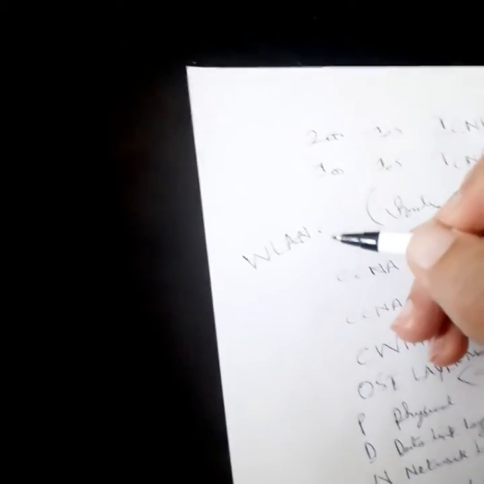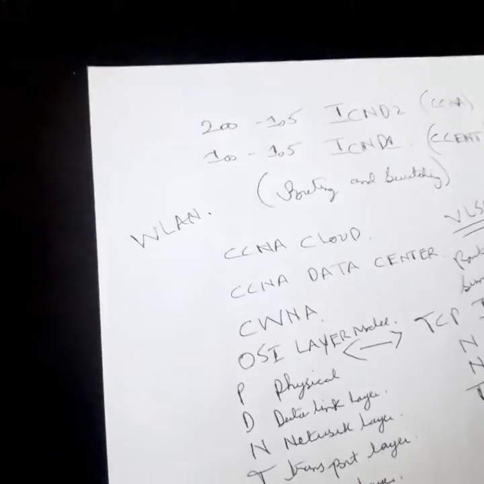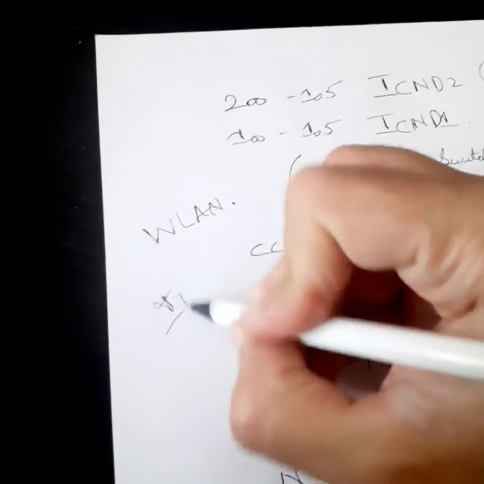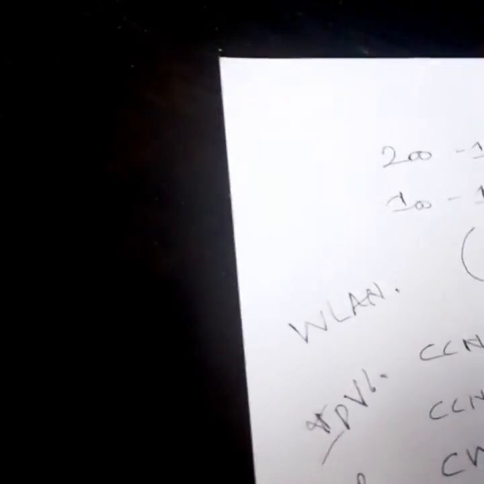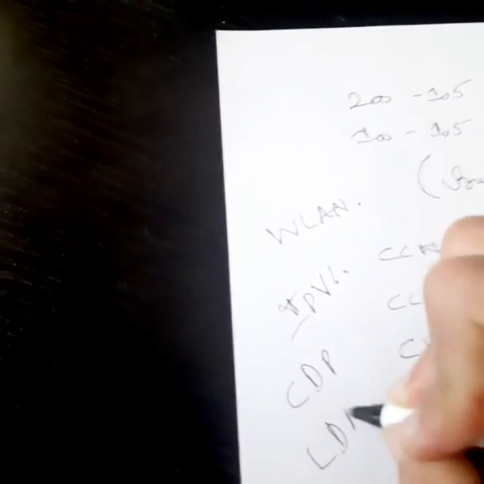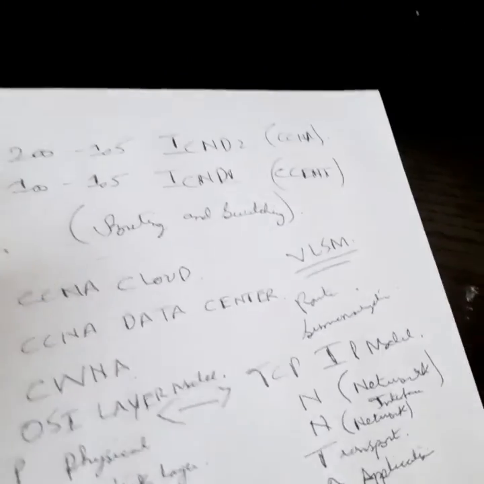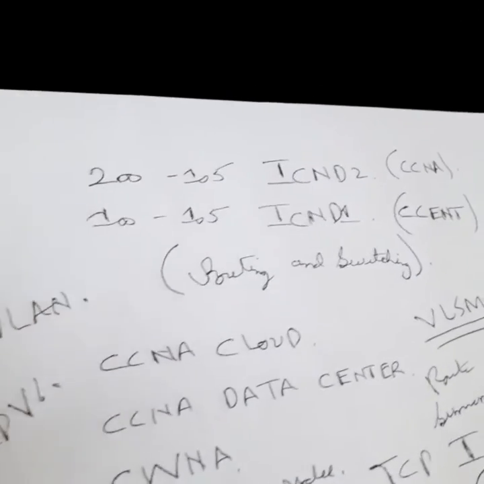There's a lot that needs to be done, and very important, IPv6. IPv6 is another topic, and then Cisco Discovery Protocol and LLDP. There'll be questions coming from everywhere, and they'll be thrown at you in that £199 exam.